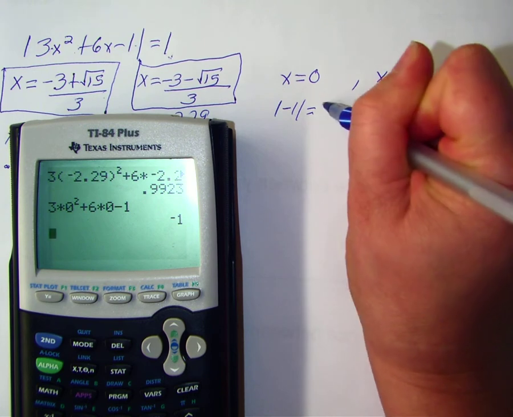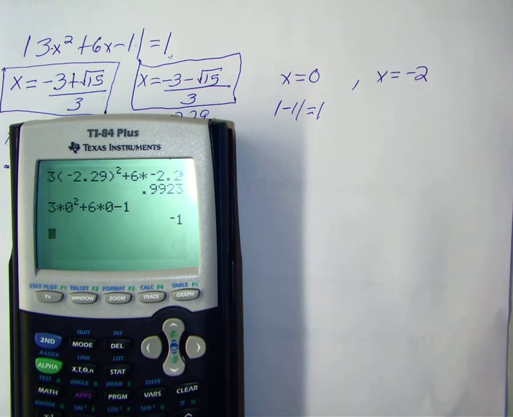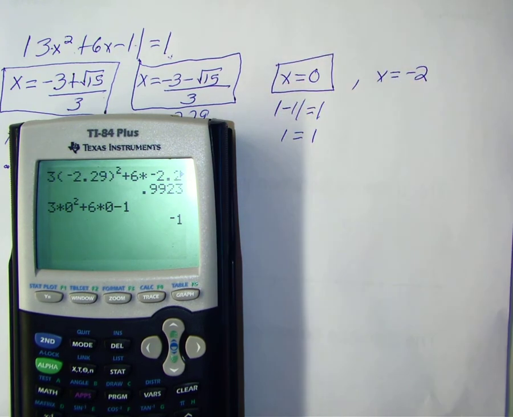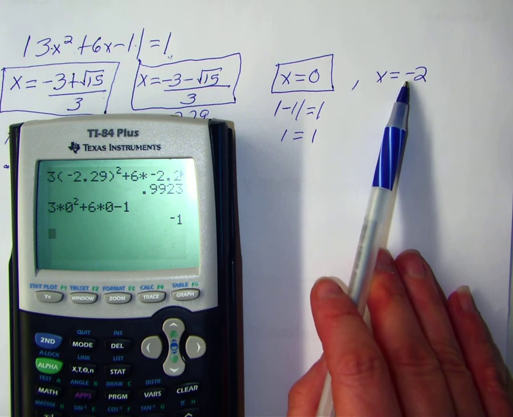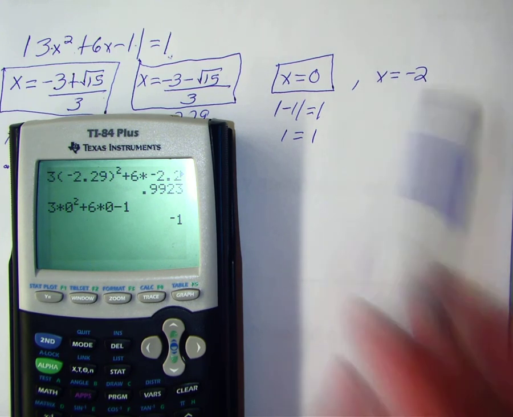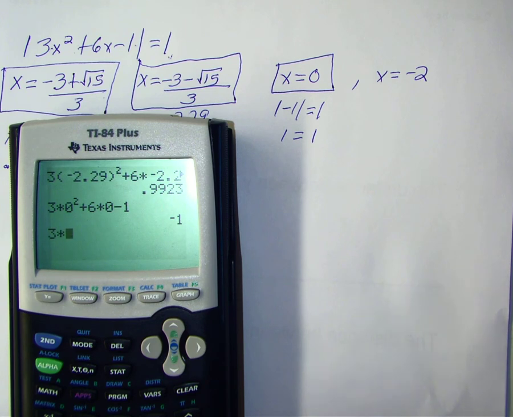I'm going to substitute -2 in. Again, since you're substituting a negative number, especially when exponents are concerned, make sure you substitute it inside parentheses. 3 times -2 squared plus 6 times -2 minus 1. And again, what I have is the absolute value of -1 equals 1.